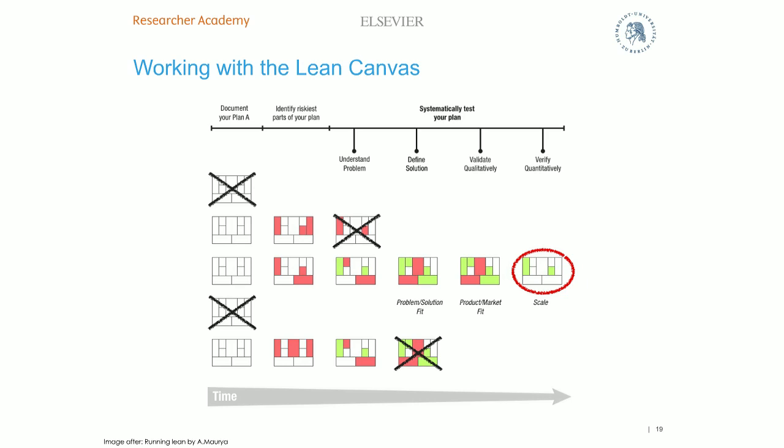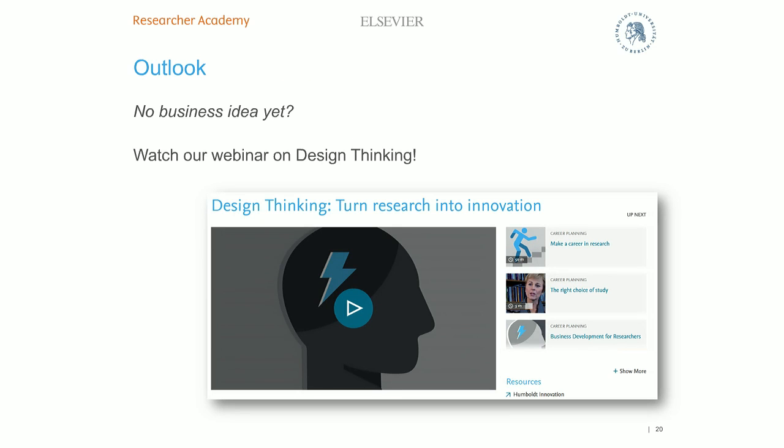So much for the Lean Startup approach and the Lean Canvas. Maybe some of you will have the problem that you don't have an idea to start with. This is also no problem. If you don't have a business idea, there's a very good other webinar from a colleague of mine on design thinking.